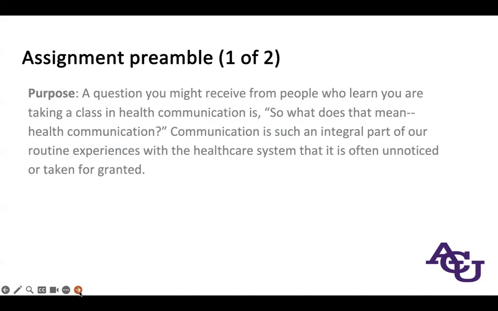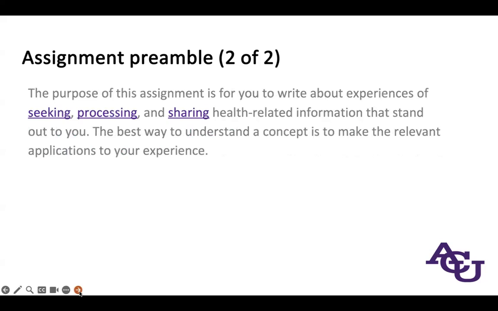Communication is such an integral part of our routine experiences with the healthcare system that it is often unnoticed or taken for granted. The purpose of this assignment is for you to write about experiences of seeking, processing, and sharing health-related information that stand out to you. The best way to understand a concept is to make the relevant applications to your experience.